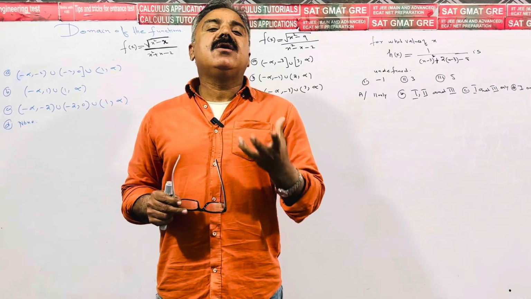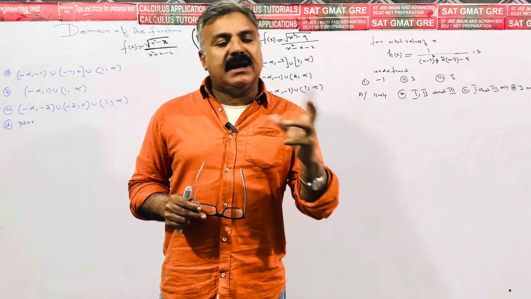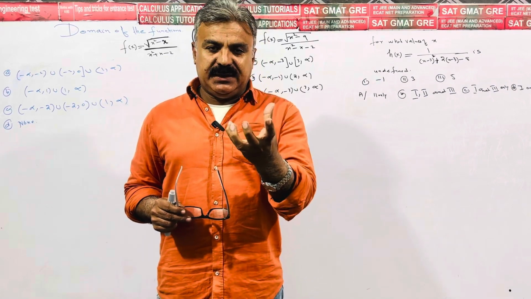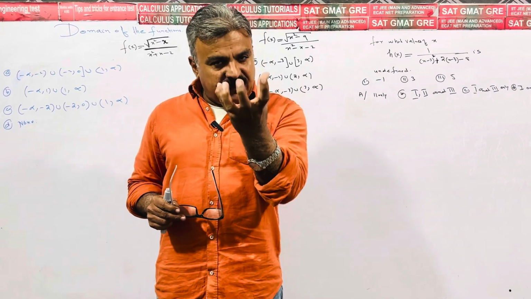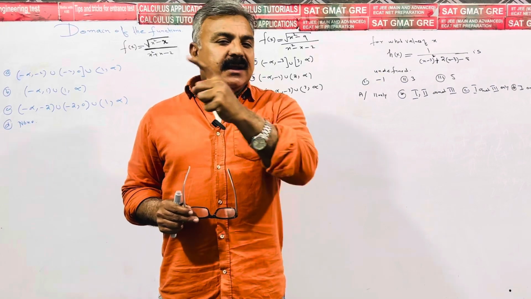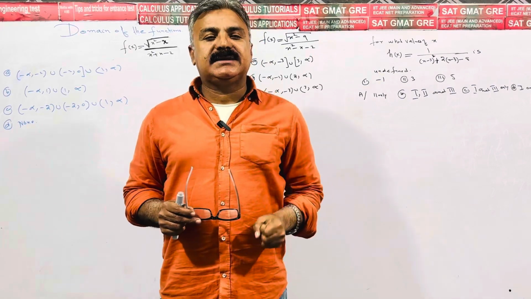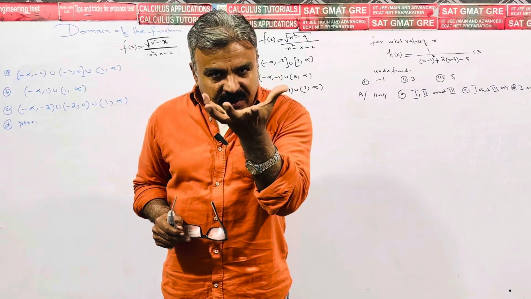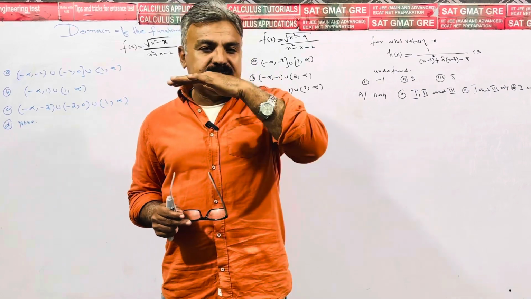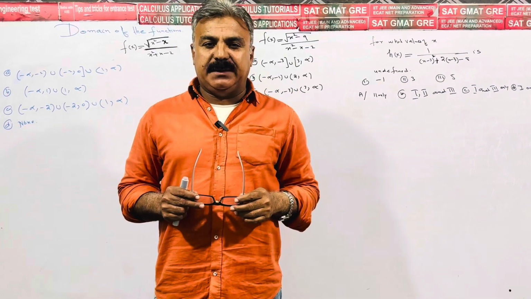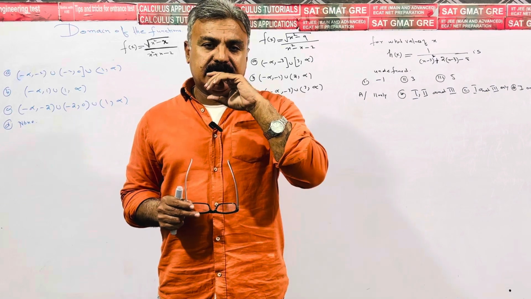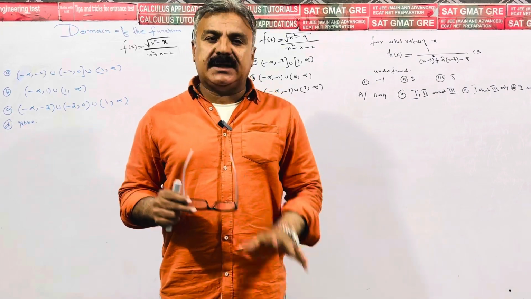Number three, log, whether it is ln or log, is defined for positive quantities. In the denominator, we cannot afford zero because division by zero is not allowed in mathematics.